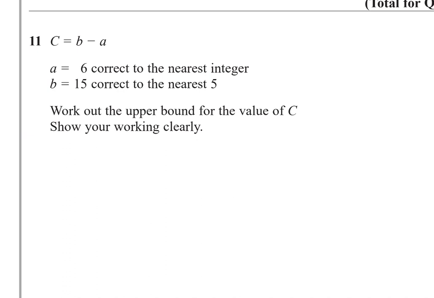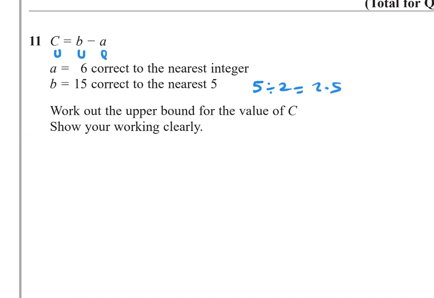So to find the upper bound for C, we have a difference, so the first value will be upper and the second value will be lower. Now to find B upper, B is 15 to the nearest 5, so 5 divided by 2 equals 2.5.